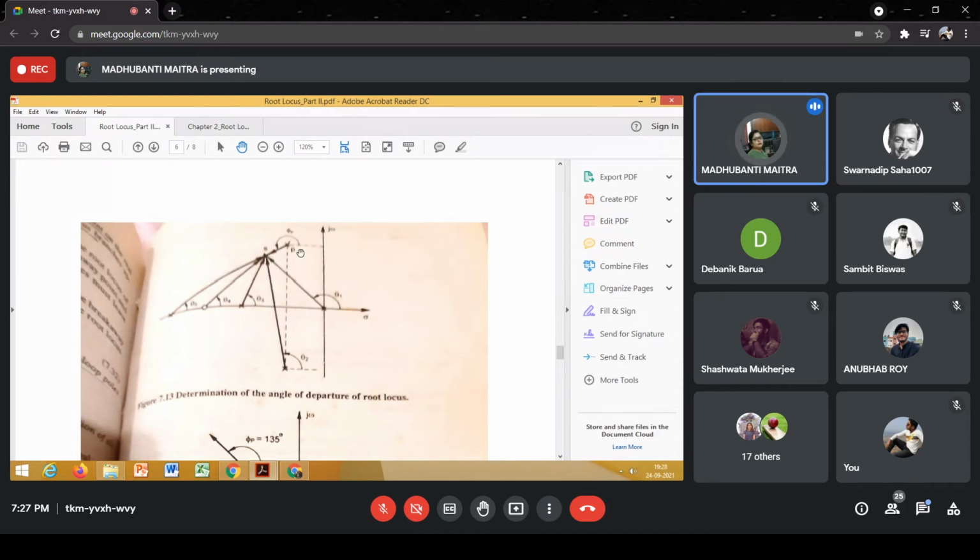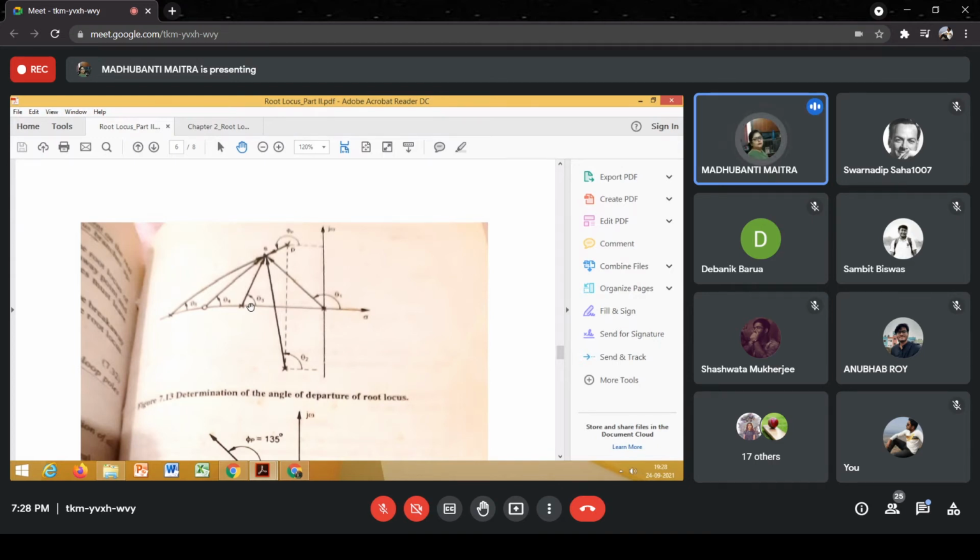To find the angle of departure from this complex open loop pole, it's obvious that for real open loop poles we don't have to compute the angle of departure, because it will be either 0 or 180 degree, and that will be obvious if you find the on-locus and not-on-locus segments.